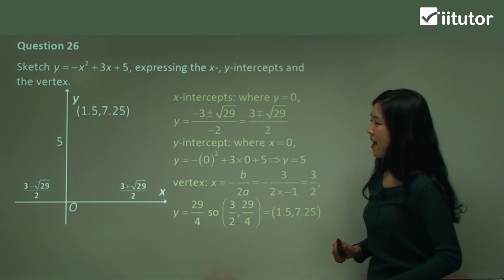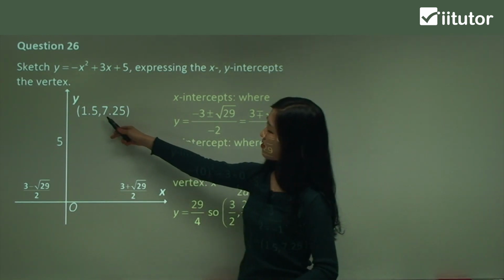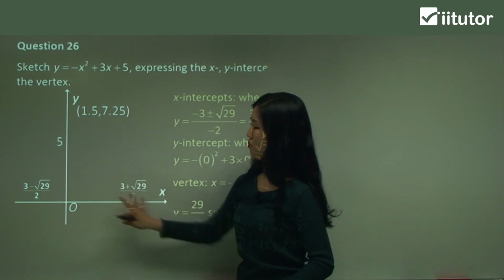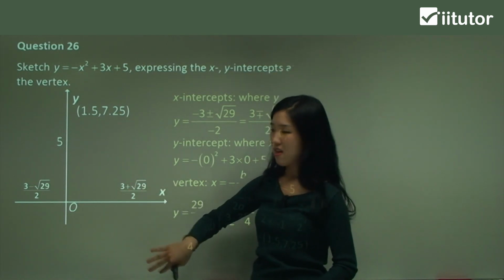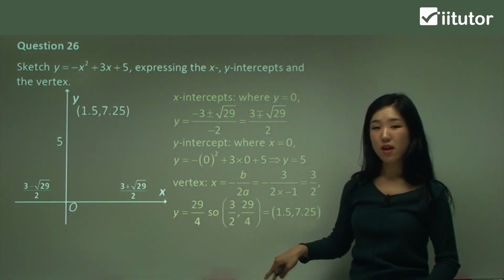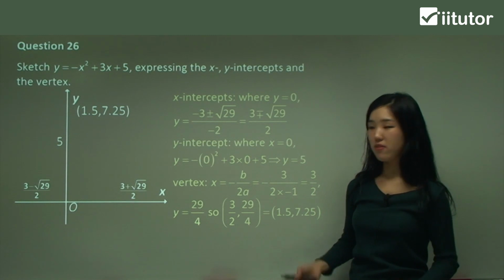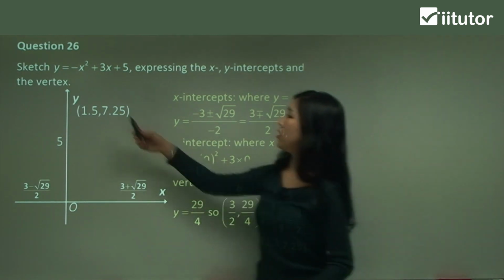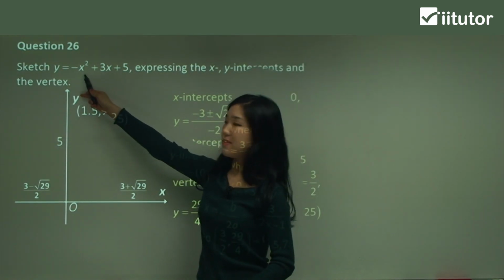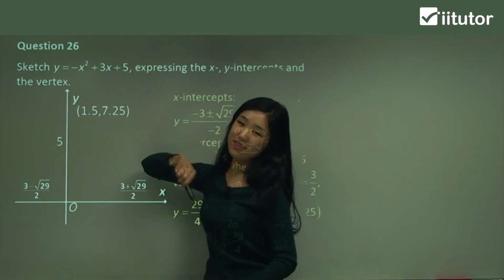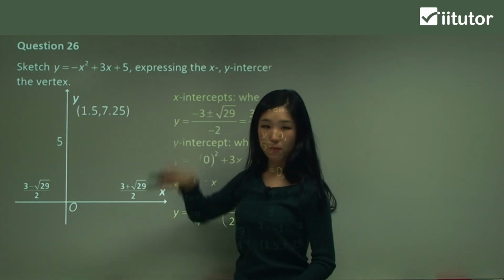Okay, and as soon as you see the vertex is up here and the rest of the points are down here, you can probably see that it's going to be an upside down parabola. But how do you actually determine if it's an upside down parabola? Look at the coefficient of x squared. It's negative, isn't it? That means it's a sad face parabola, an upside down parabola.